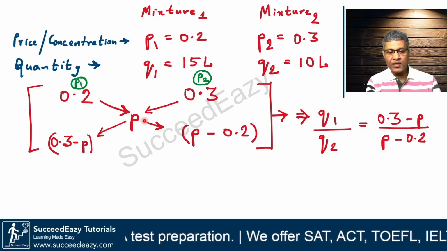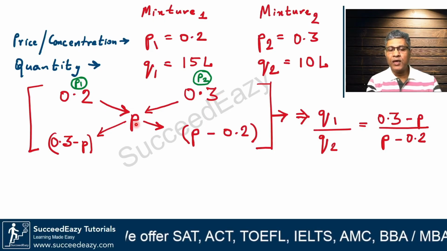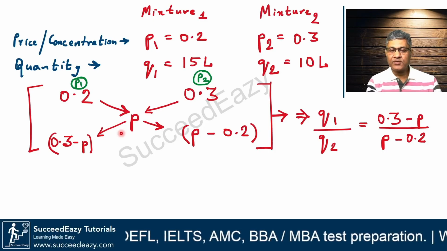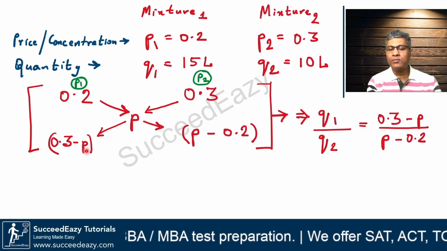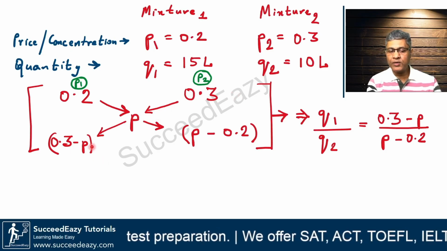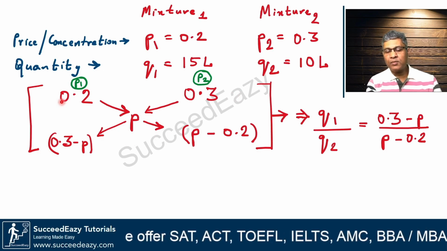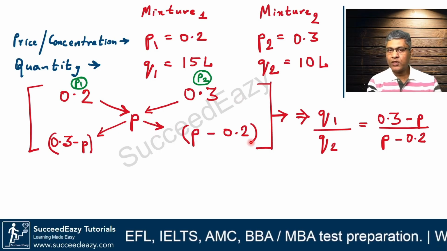Then in the next row, I put P as the average concentration. Now, just take the differences. Here, the difference between 0.3 and P would be 0.3 minus P. 0.3 is greater than P, and hence I put 0.3 minus P. Here, P is greater than 0.2, so the difference would be P minus 0.2, keeping positive numbers on both sides.